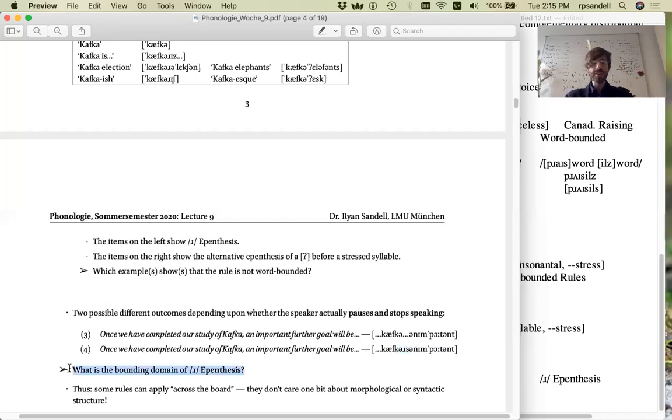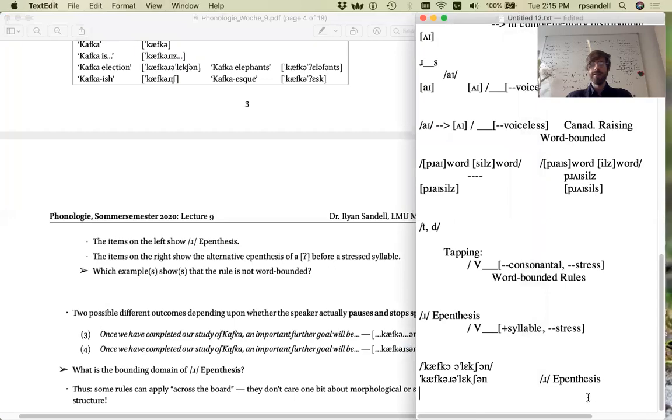So in this sense, R epenthesis can be said to have no bounding domain, or rather, we should better say, the bounding domain of R epenthesis is the utterance.